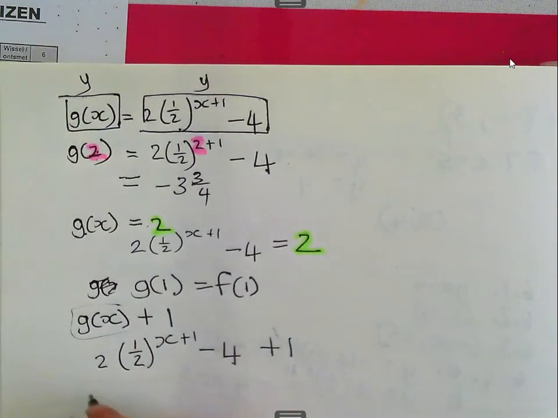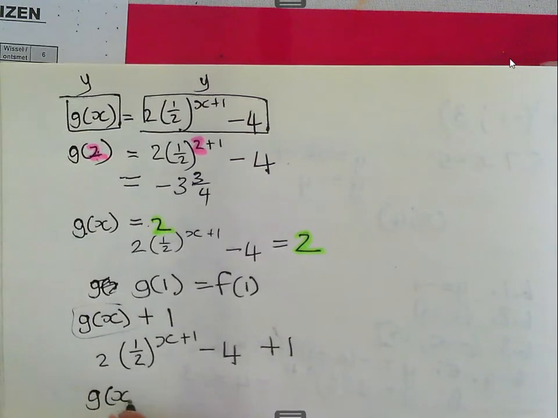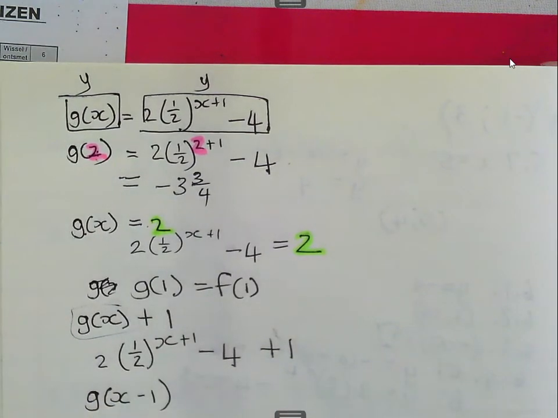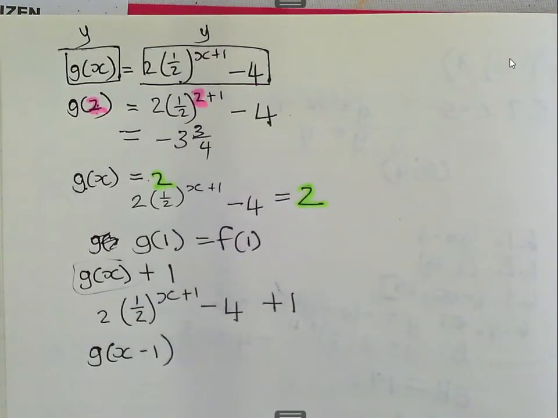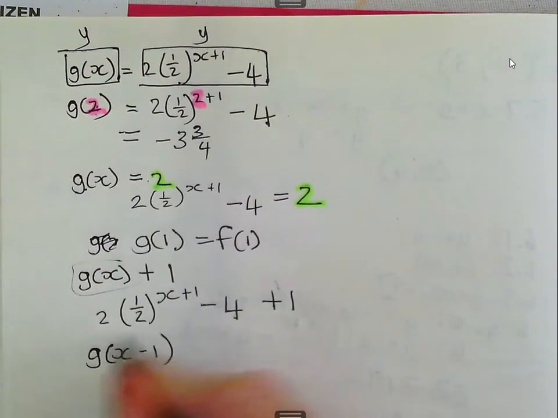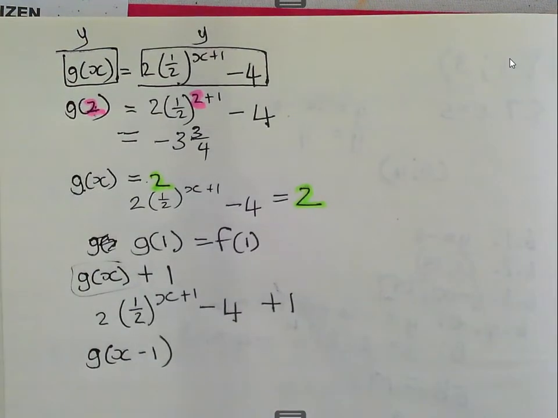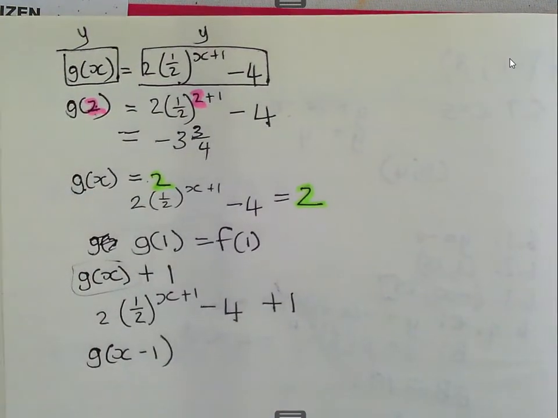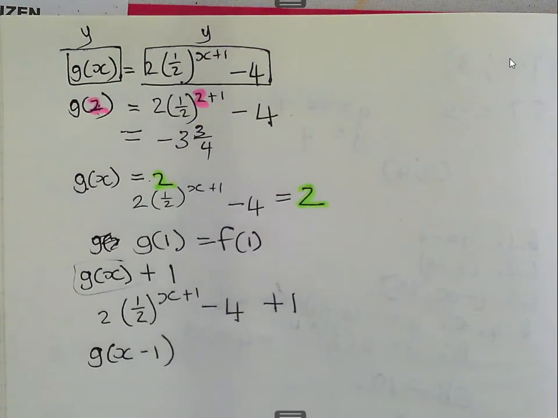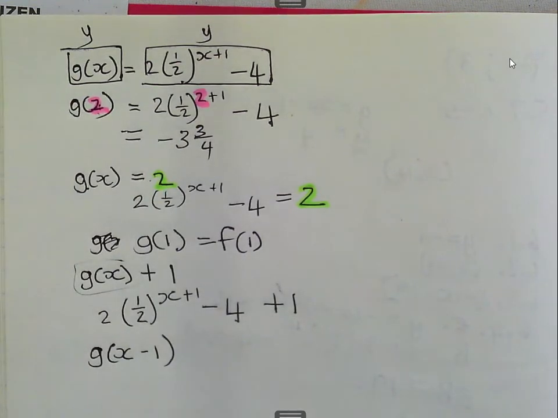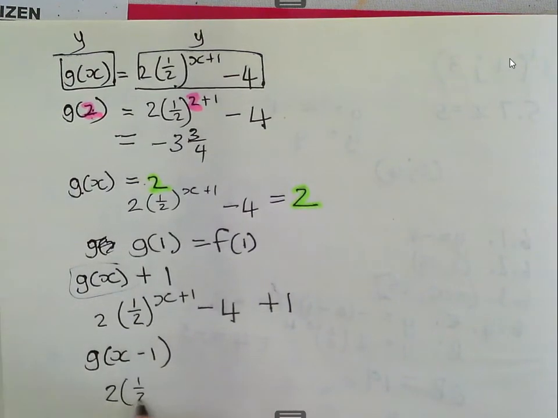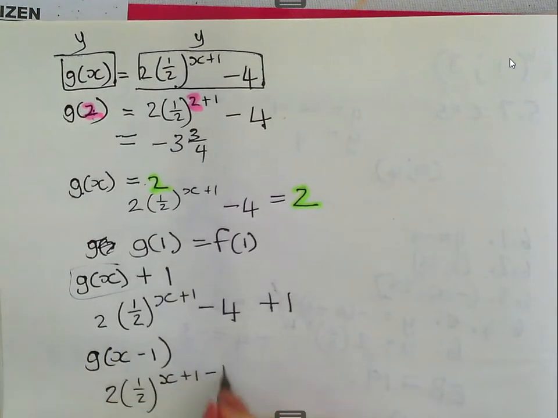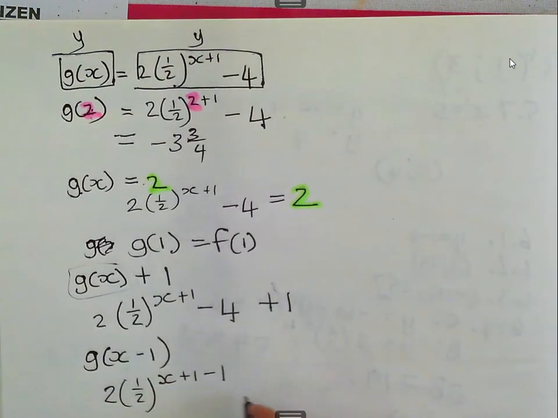If I ask you to calculate g of x minus 1, then the minus has to happen at the x. When it's inside of the bracket, the calculation goes with x. When it's on the outside of the bracket, the calculation goes with the whole equation. So this one would look like this. 2 brackets a half to the power of x plus 1, but then I have to minus 1, minus 4.